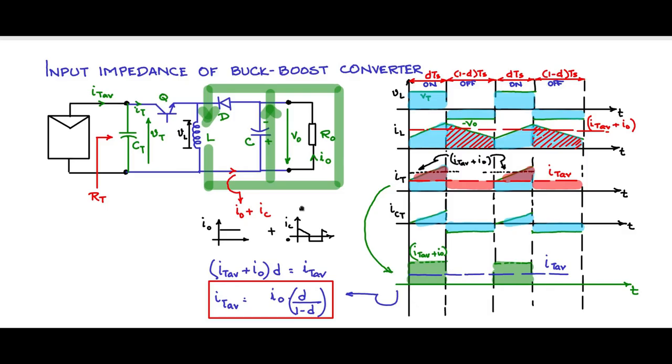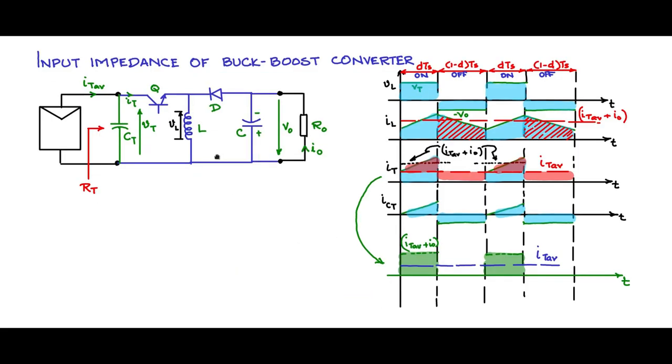Now we are ready to find out the voltage, current and resistance relationships. Let us write down the input-output voltage relationship. We look at the inductor current waveform. We need to have a balance between the positive part and the negative part.